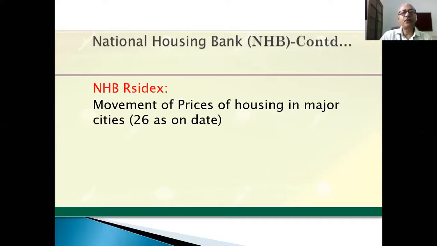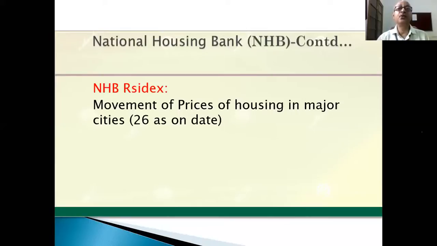And now for 26 major cities, because housing finance, I talked about PMAY and other schemes which other institutions are also engaged in. Like SIDBI also has a role in financing the housing sector. NABARD also has a role. But this is one organization, the NHB, which takes care of all the areas.